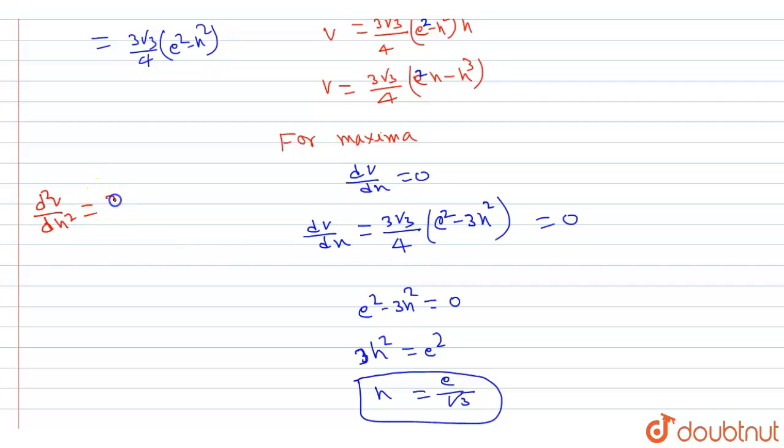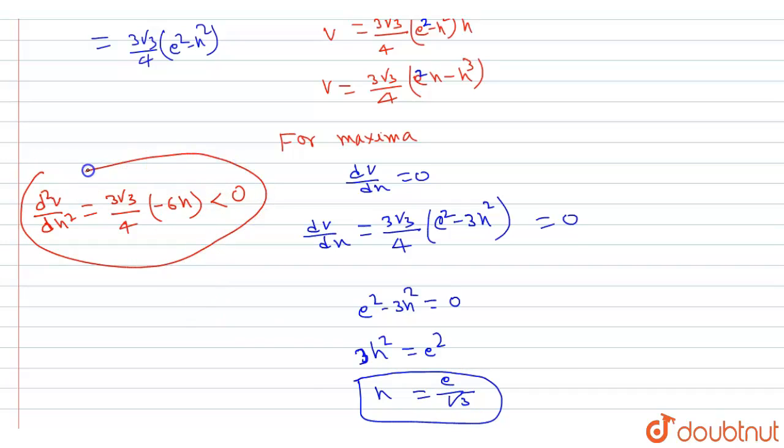So this is equal to 3√3/4 times (−6h), and h is equal to E divided by √3. So this value is less than 0, so this point is for the maximum. So for maximum value, h equals E divided by √3. Clear? Hope this answered the question.